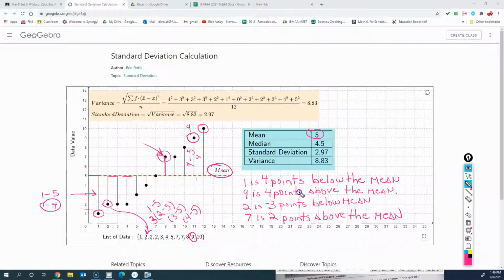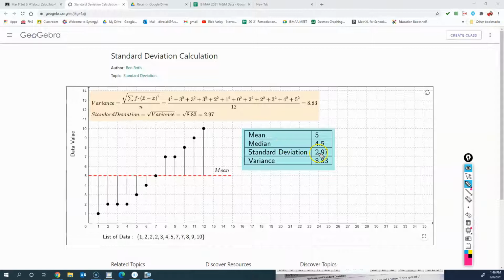Now if you watch what happens, this example has a standard deviation of 2.973. As you take these points and start dragging them around, what would you do to make the standard deviation smaller? I want the standard deviation to be smaller than 2.97.